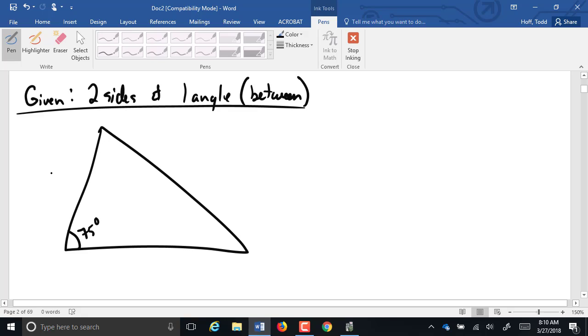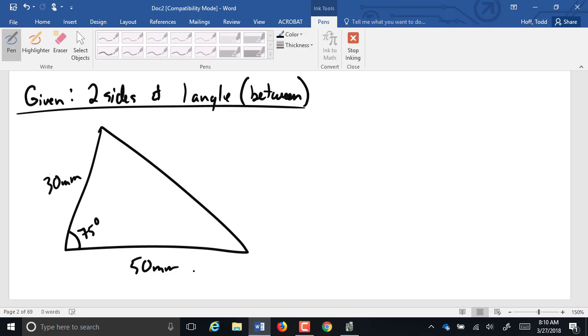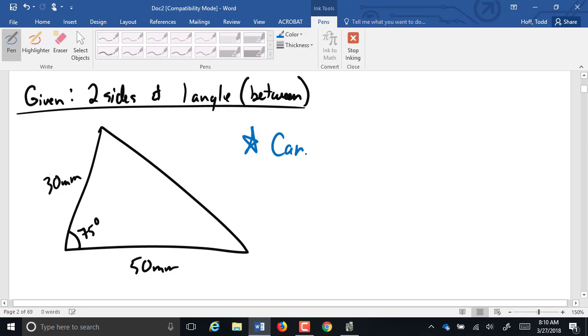And I give you that this side here is 30 millimeters and this one here is 50 millimeters. Do I have a side and opposite angle? Say no. Is there any way I can find a side and opposite angle here? Not from basic functions and law of sines. This one, we cannot use law of sines.